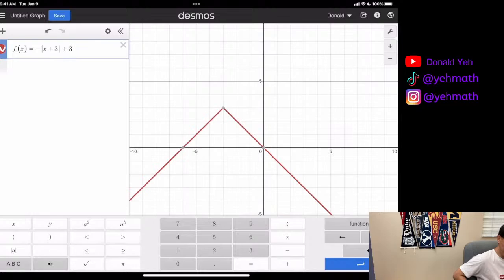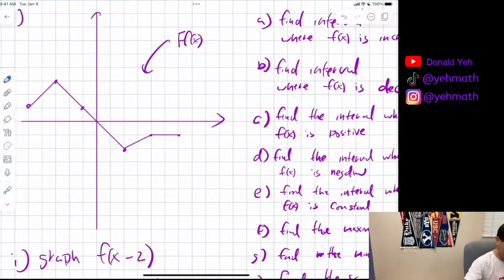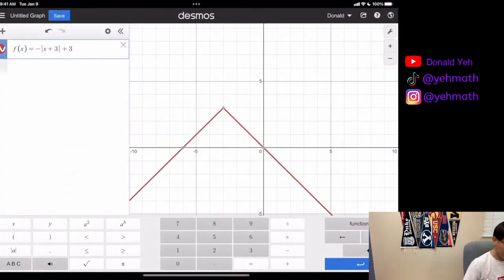If you realize, this one here looks like this piece right here. Do you see that? Basically, it's an absolute value function, and we're going to talk about a transformation moving left, which is inside the parenthesis, inside the absolute value, and go up 3. So if I do that, I'm going to have this.